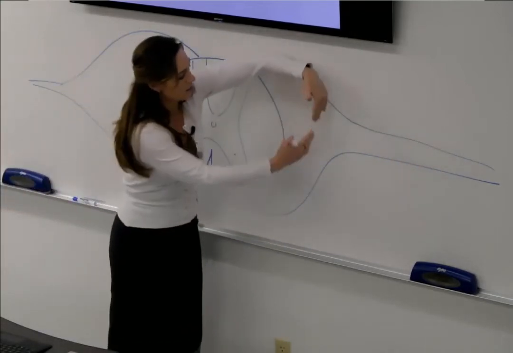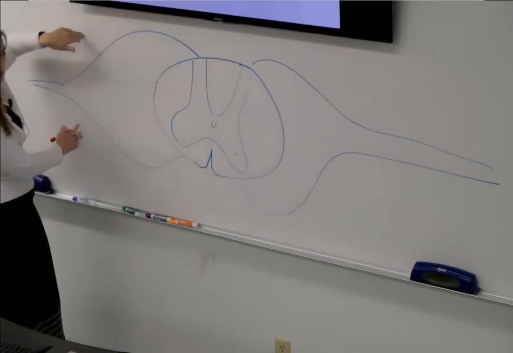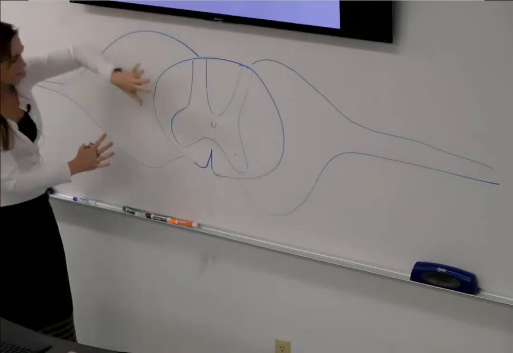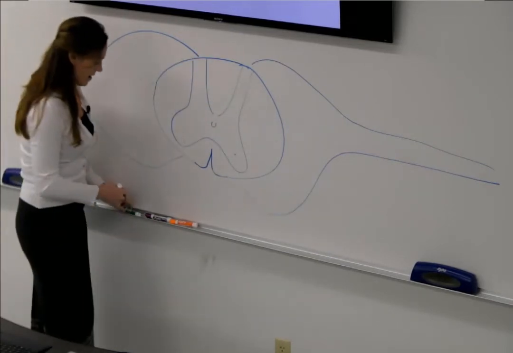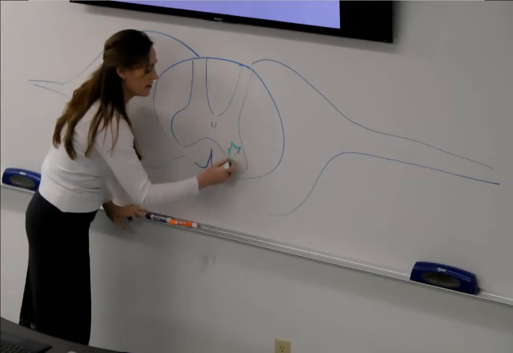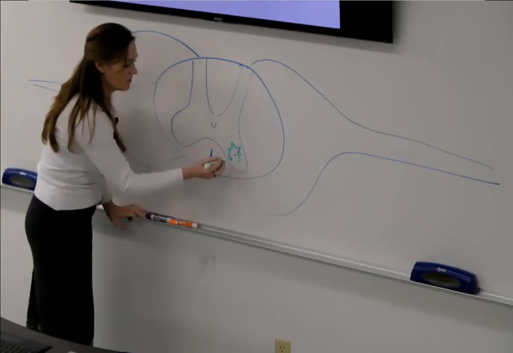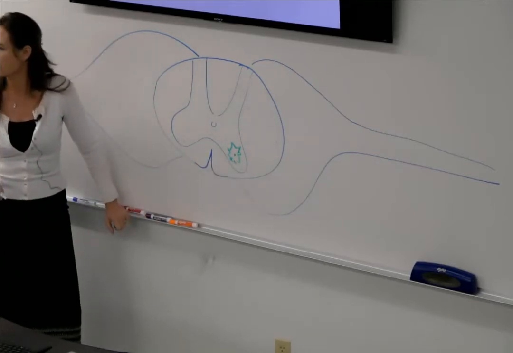It's past the confines of what the vertebral column has. It is going to divide, or we have the spinal cord within here. We have, let me put this in green, a cell body here in this anterior horn. So I'm drawing a cell body for what type of neuron here?